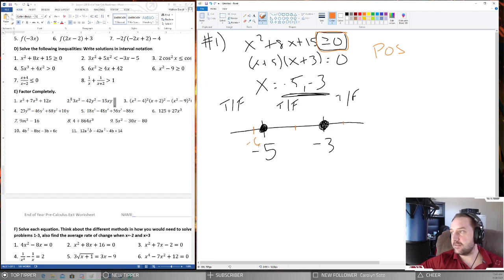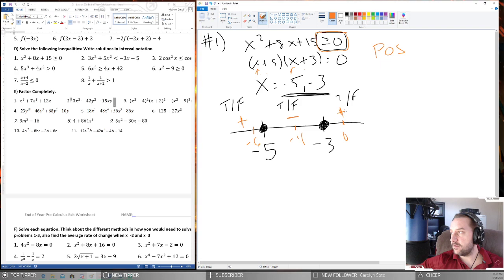So if I plugged in negative 6, I get negative 1 times negative 3, because I'm plugging negative 6 in for x. Well, that's a positive. If I plugged in negative 4, I get positive 1 times negative 1. So that's a negative. And if I plugged in 0, I get a positive 5 times a positive 3.